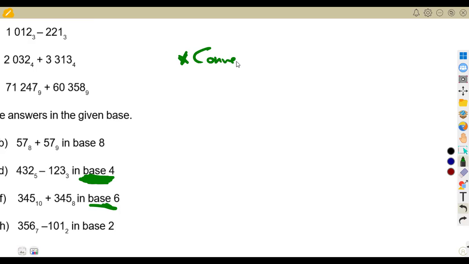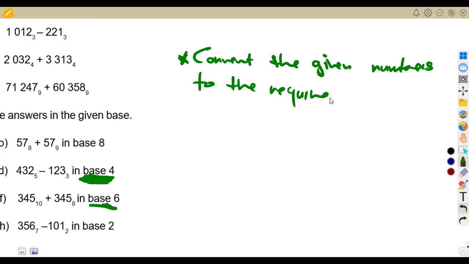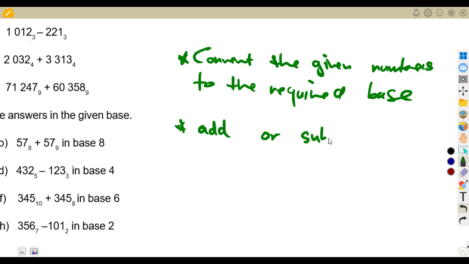The required base can be base 8, base 4, or base 6. After converting to the required base, then you add or subtract.